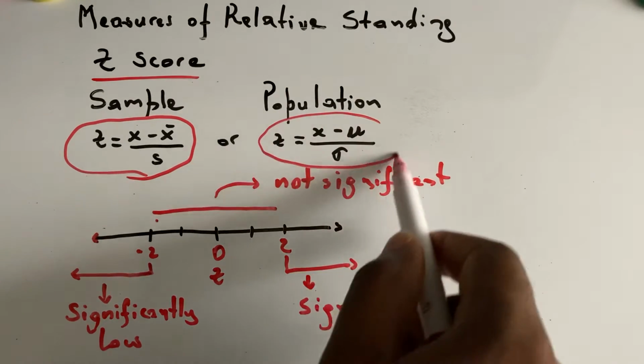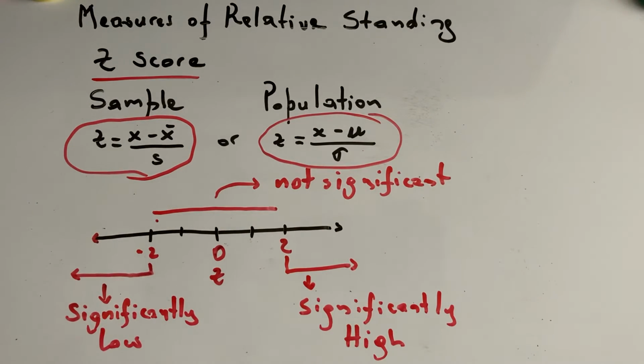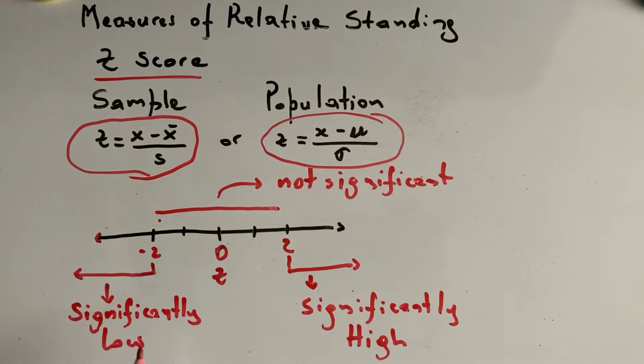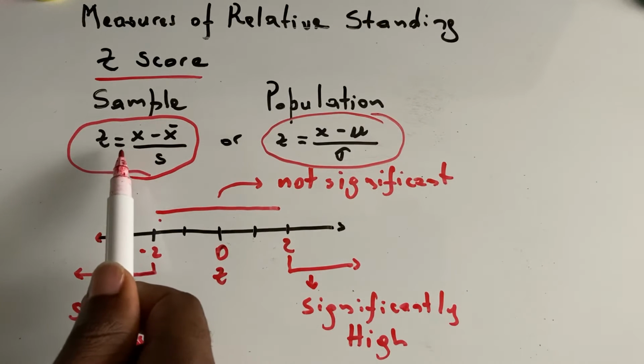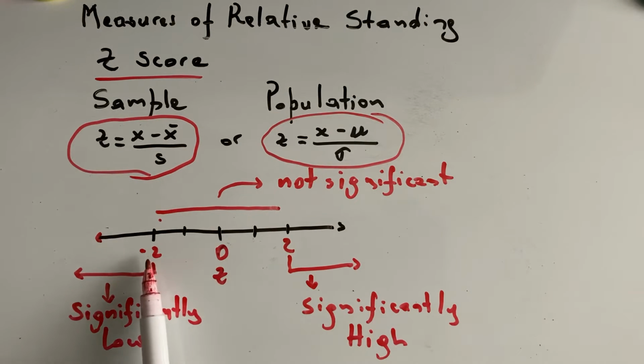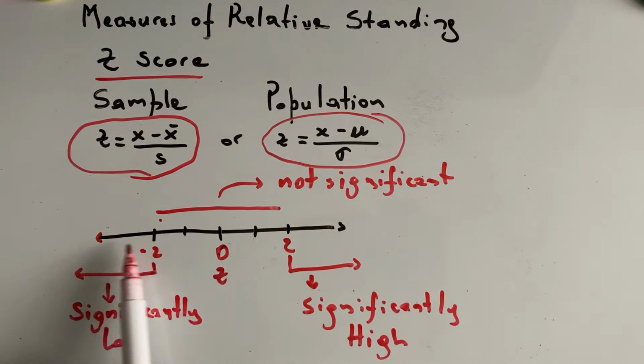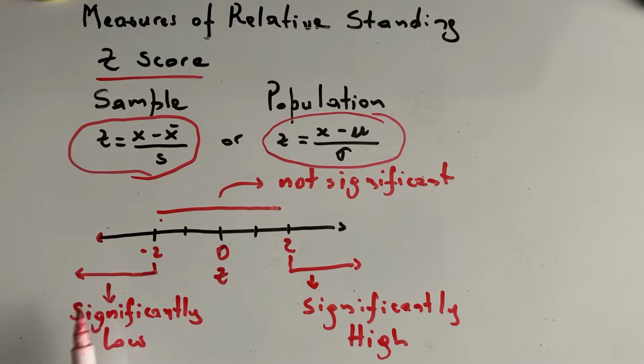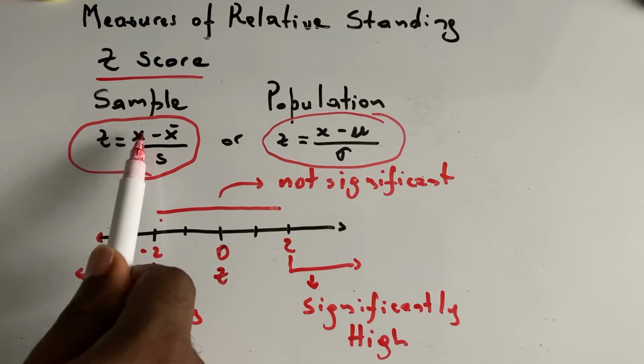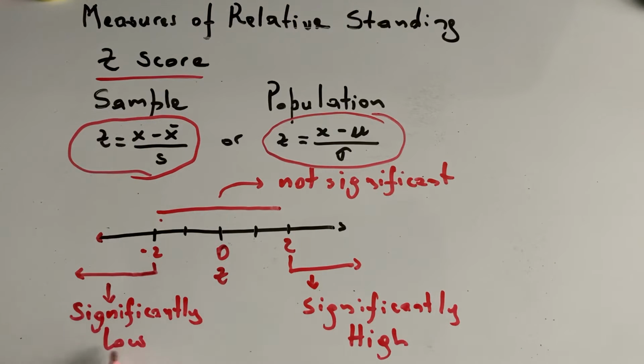Now, after you calculate the z-score, if you get a value of -2 or less, you know the individual value is significantly low.